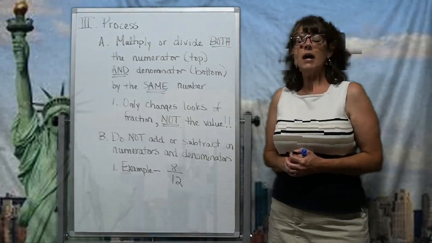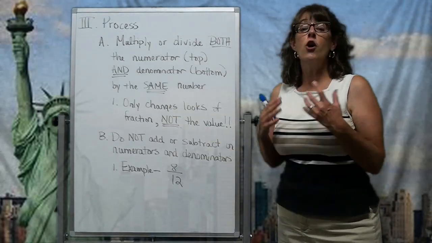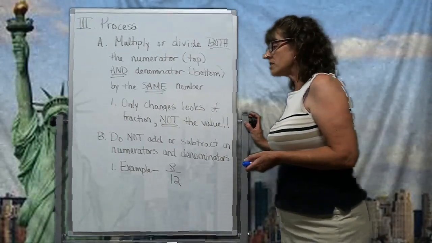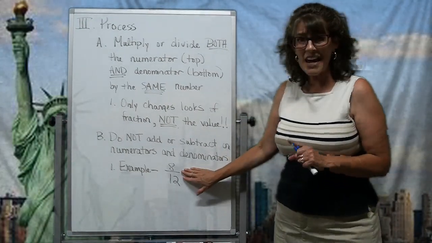Now, some people will say, okay, as long as it's the same number on the numerator and denominator, can I add or subtract by that same number? Well, let's take a look at this idea. Let's take that 8/12.